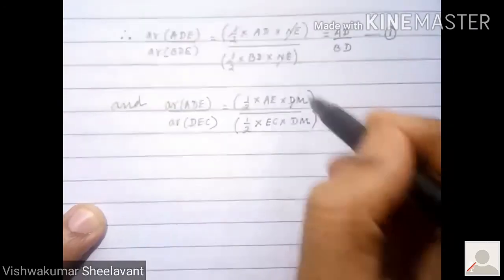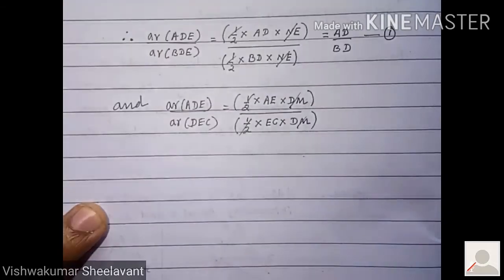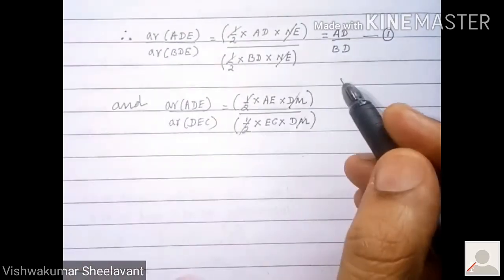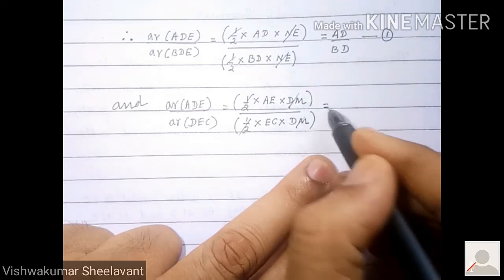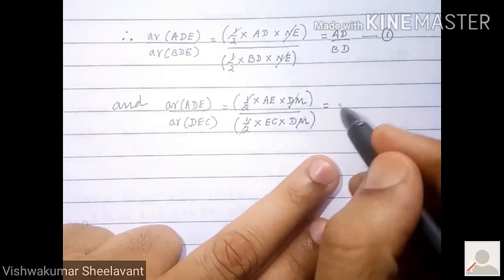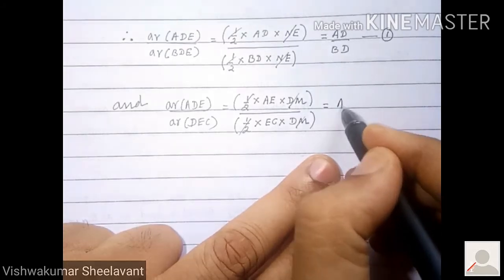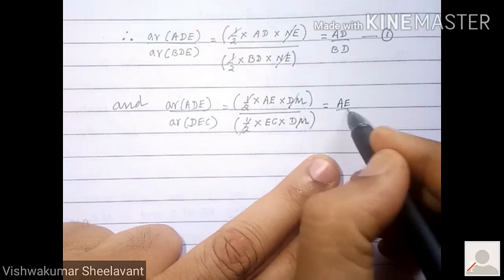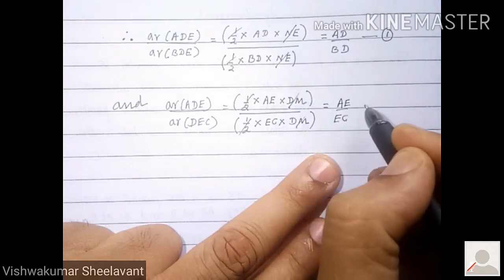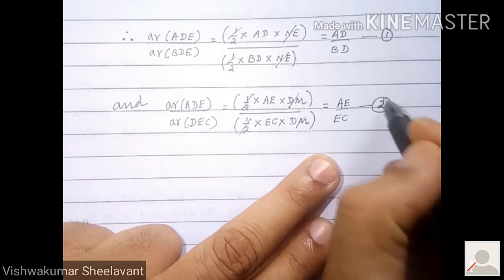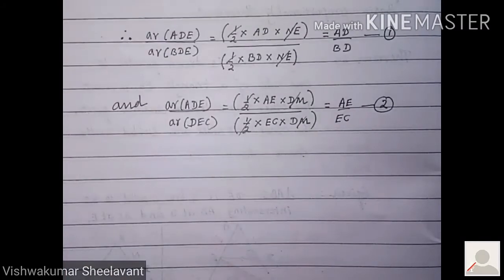Now here DM and half will cancel, which will give us AE by EC equal to the ratio of areas of two triangles. Call it equation 2 now. Is it okay?